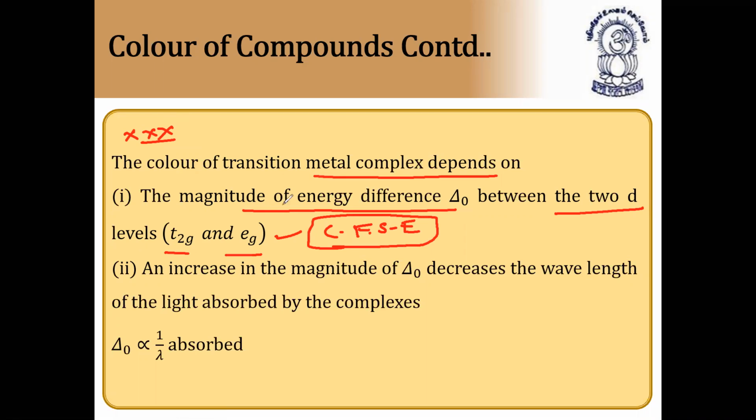And second point, an increase in the magnitude of delta naught decreases the wavelength of the light absorbed by the complexes. So delta naught is proportional to 1 by lambda absorbed. These are the two factors on which the color of a transition metal complex depends.